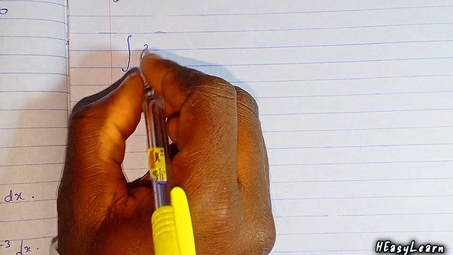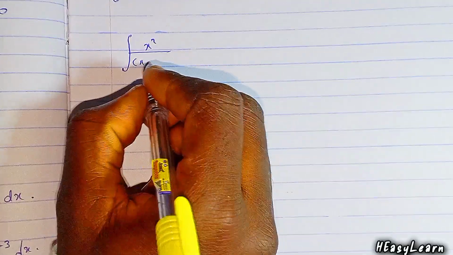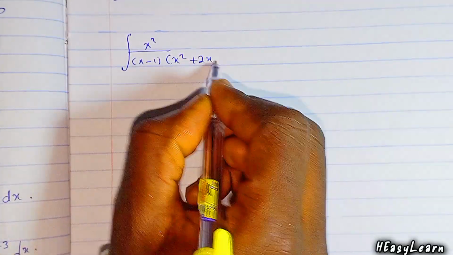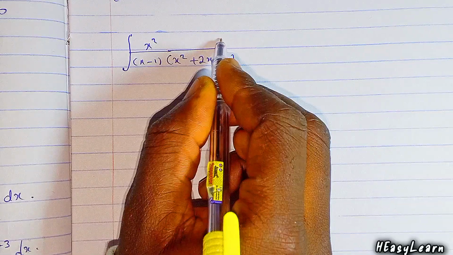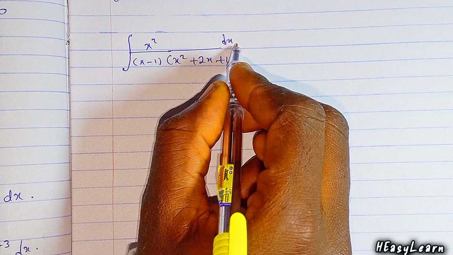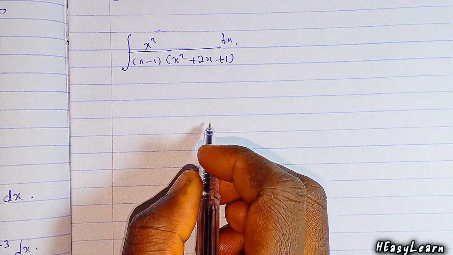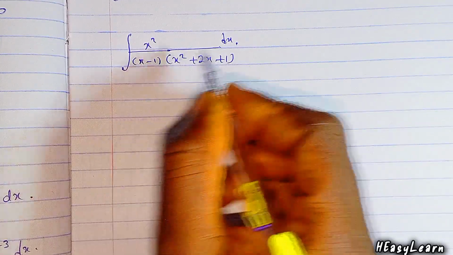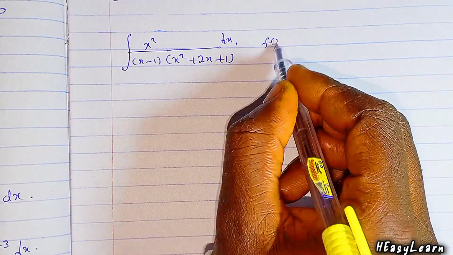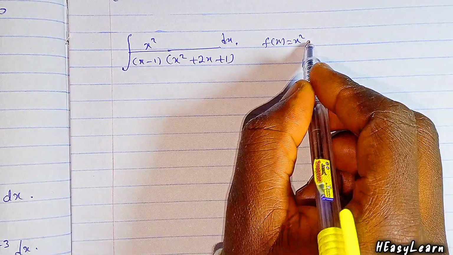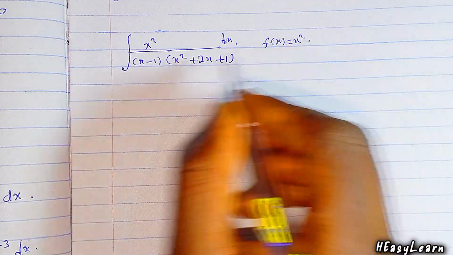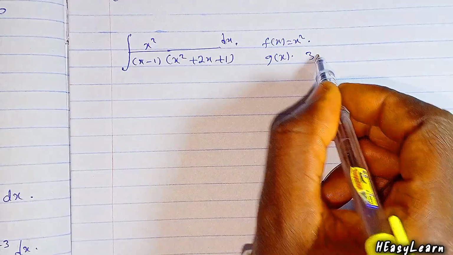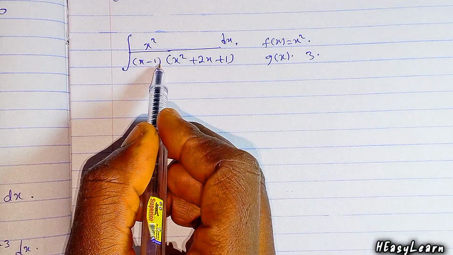Find the integral of x squared divided by x minus 1, x squared plus 2x plus 1 dx. What is this integral? To find this integral, you are going to check the condition of partial fraction, for which f of x is x squared, a polynomial of degree 2, and the denominator is a polynomial of degree 3. But look at the denominator.